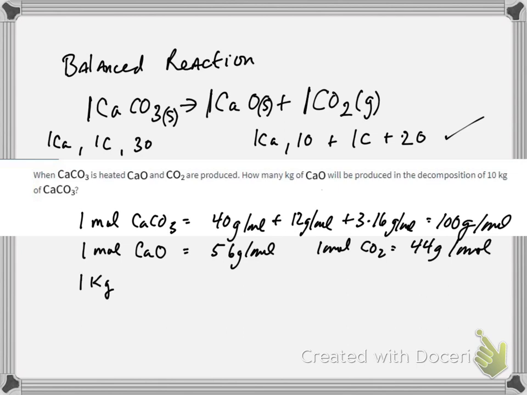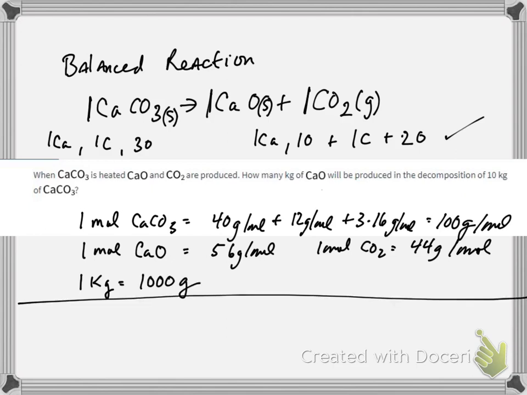All right, so what is that? So we're given, so let's take a look at the kilogram. The kilogram is 1,000 grams. So let's take a look at some of the work here. So 100 grams of calcium carbonate makes 56 grams of calcium oxide, right? We get that from the chemical reaction.